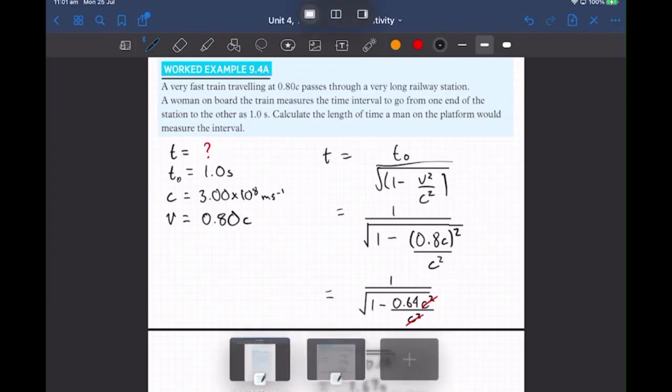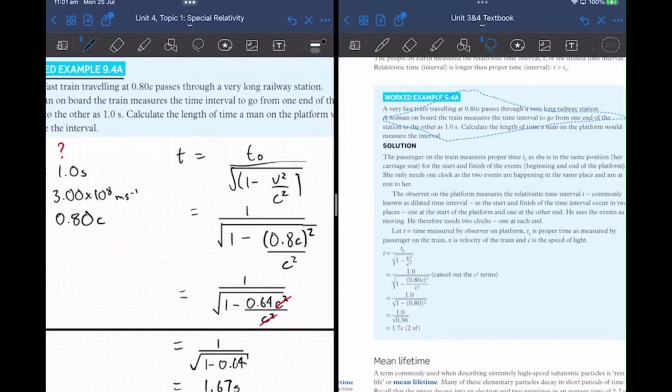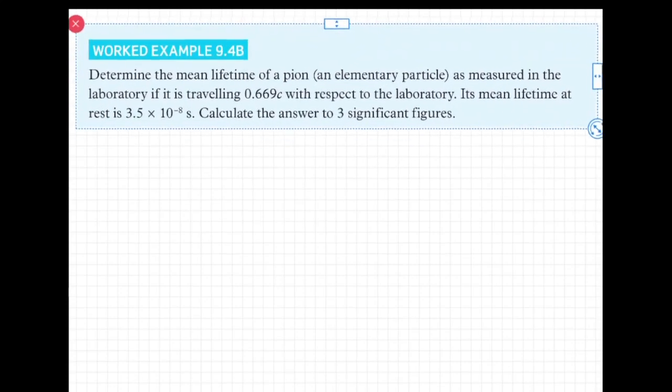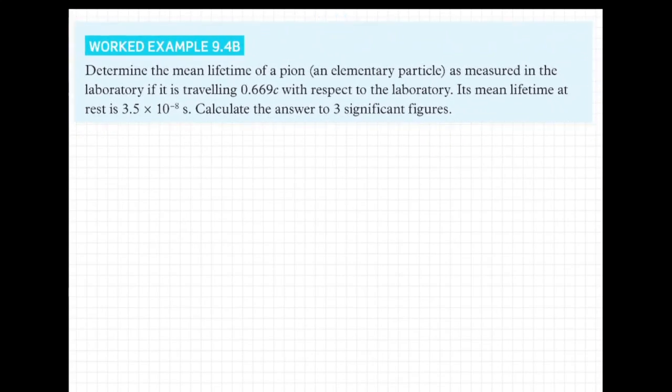Let's do another example. Not a muon, a pion, another elementary particle, one we'll learn about in the standard model.